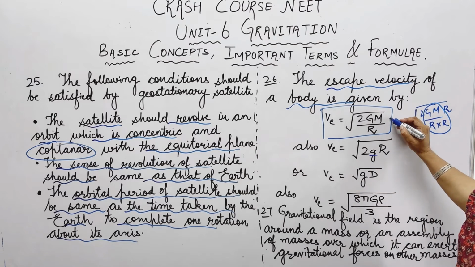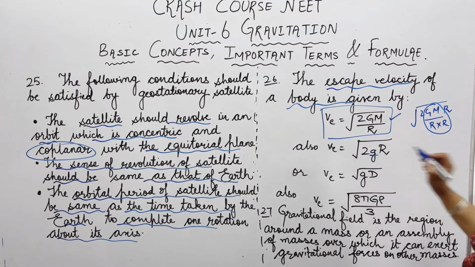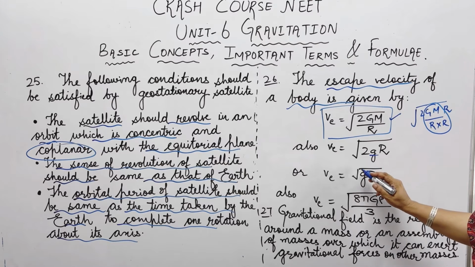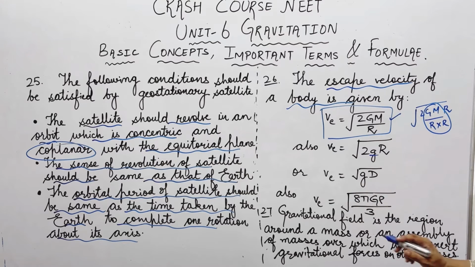So we can write down the above relation as under root 2gR. 2R is the diameter, so escape velocity can be given by under root gD. In terms of rho, that is the density of Earth, escape velocity can be written as under root of 8 pi G rho R square divided by 3.